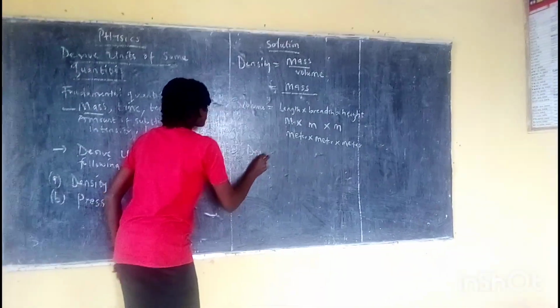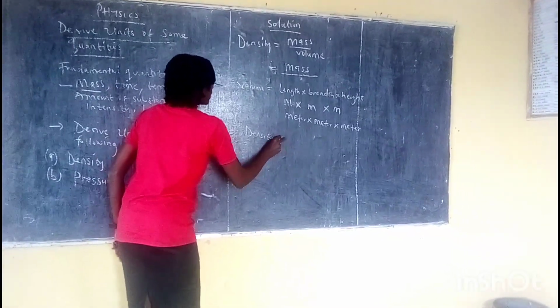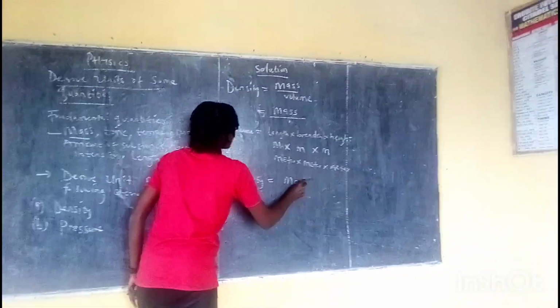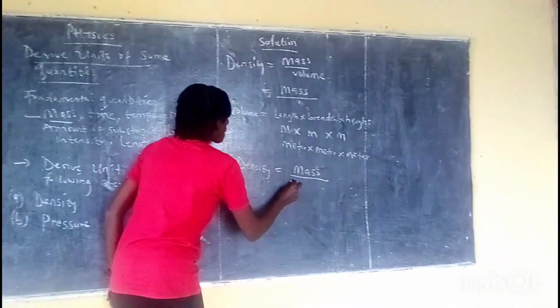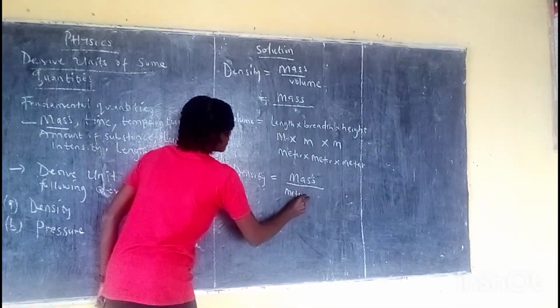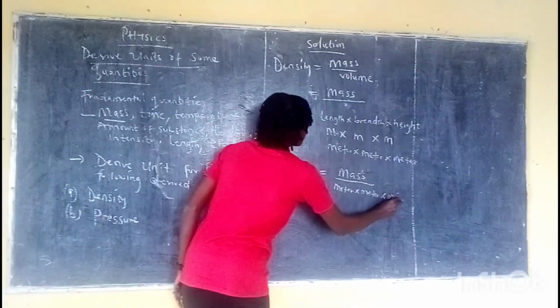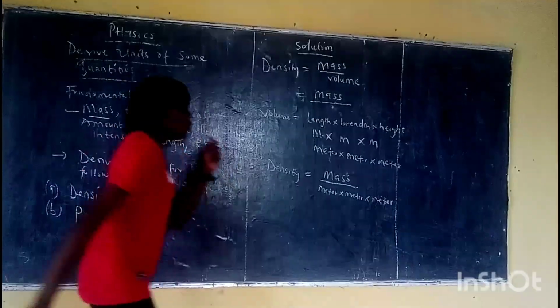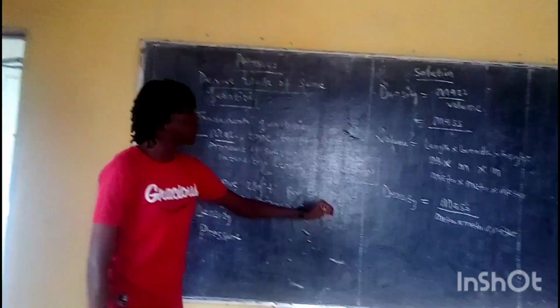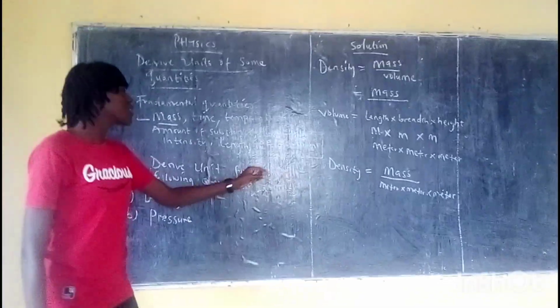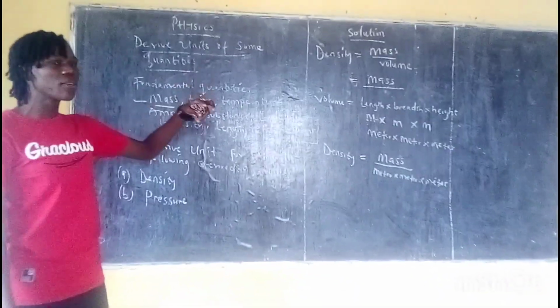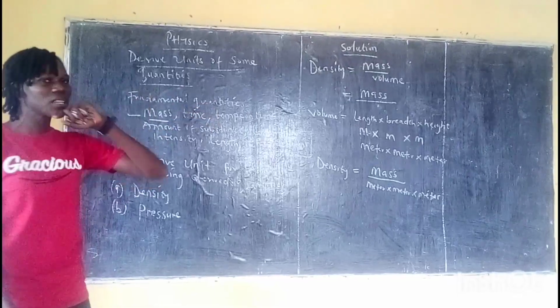Density is equal to mass over meter times meter times meter. Now, to solve this, you need to express it down to the fundamental quantities.